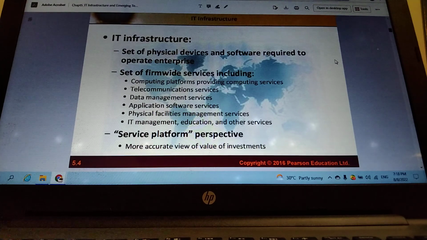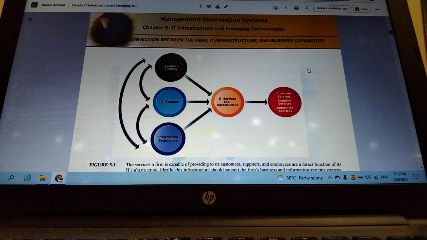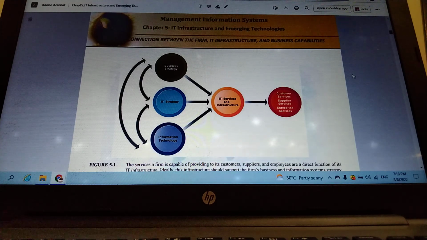So you can use either one in order to explain what IT infrastructure is. The connection between the firm, IT infrastructure and business capabilities is shown in this slide to give a good understanding of IT infrastructure and emerging technologies.